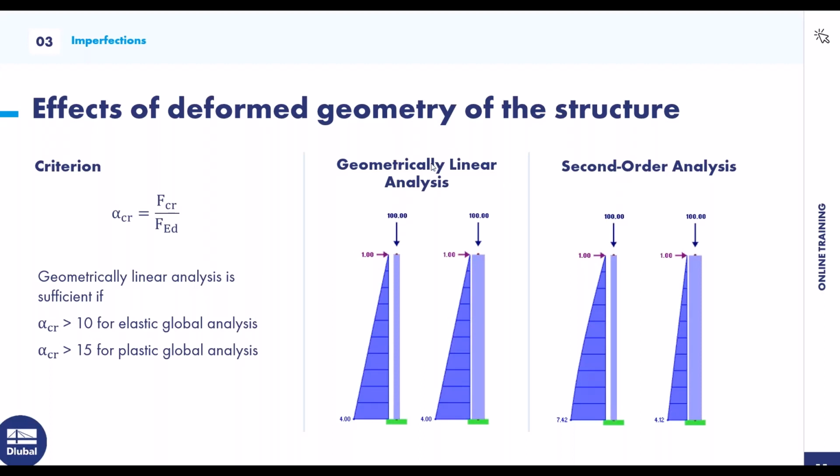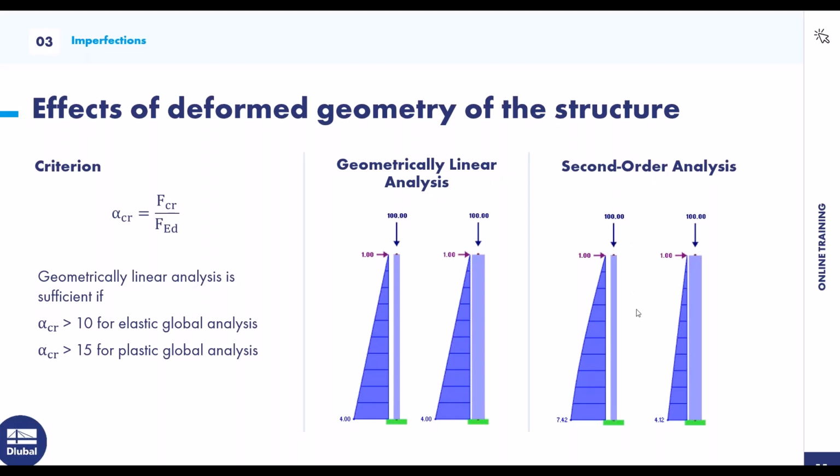The geometrical linear analysis is an equilibrium formulation on the undeformed system, and the second order analysis is an equilibrium formulation on the deformed system.